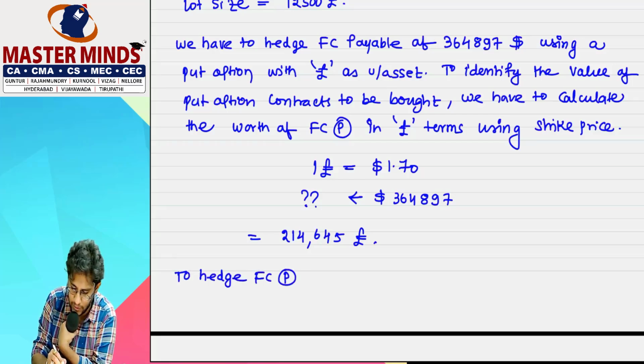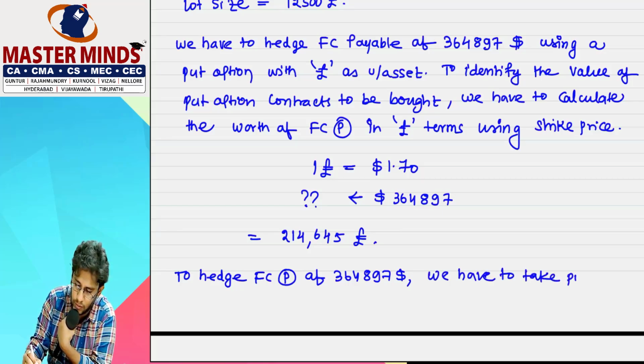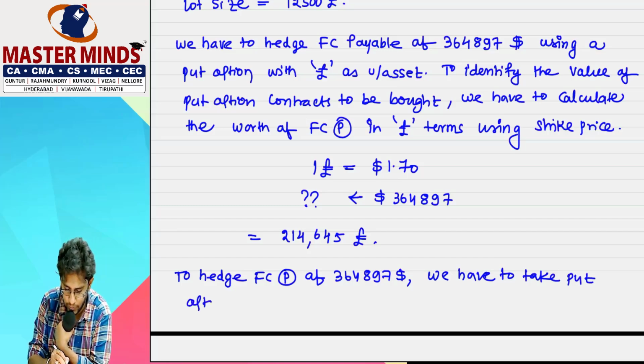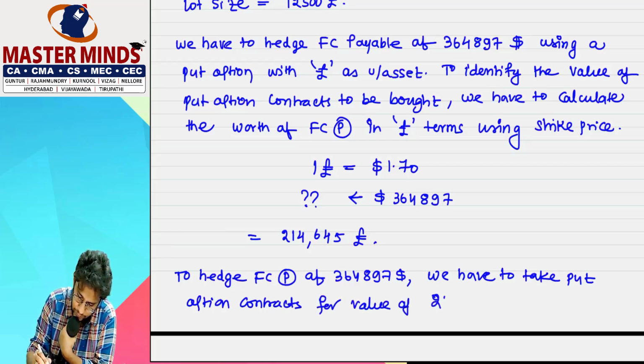To hedge FC payable of $364,897, we have to take put option contracts for a value of 214,645 pounds.